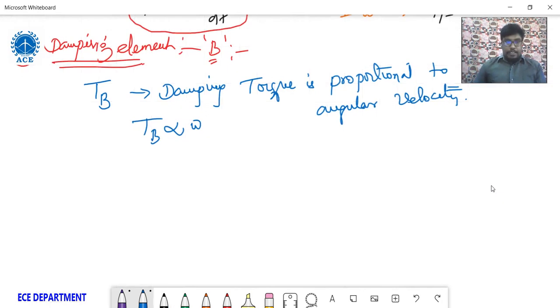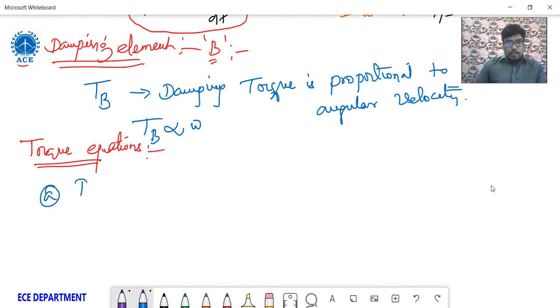Now we'll write the torque equations. The first one, A, in terms of angular displacement.